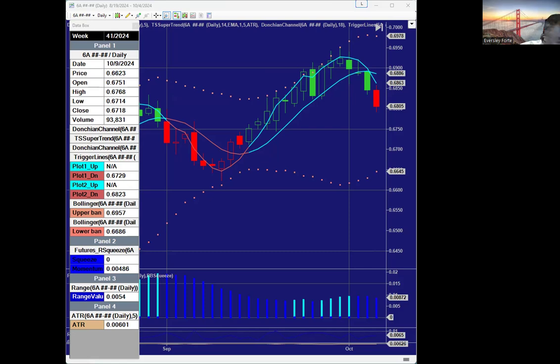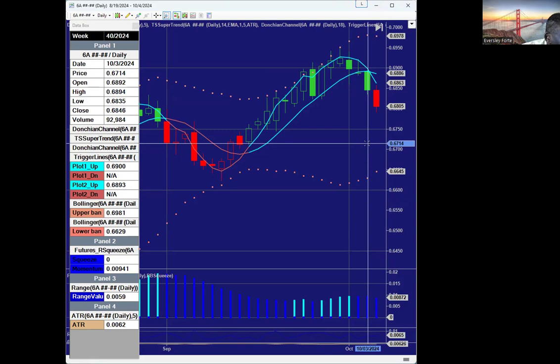So entry is 0.6782. Our stop loss will be 10 ticks above the high of these 2 days, the highest high. The high of these 2 days is 0.6894.